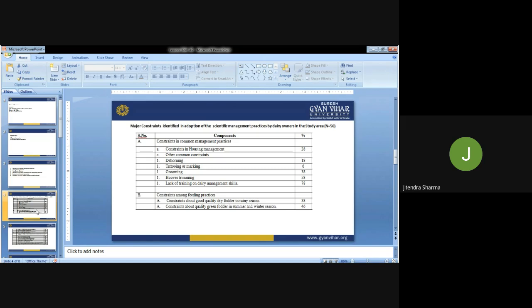But in males, mostly the dairy owners are ready to dehorn their animals.